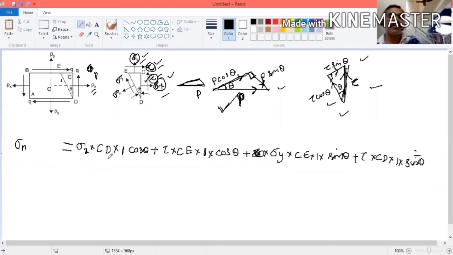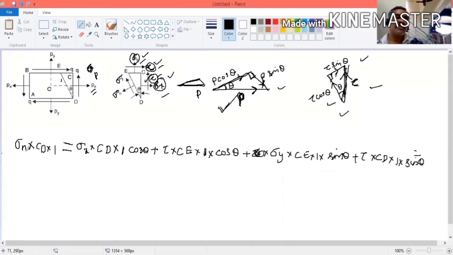Now this is a force, because we converted stress into area, so force. So sigma n also you have to convert into force. Sigma n into area. It is acting on CD. What is the perpendicular distance? 1. So in all the equations the perpendicular distance is taken as 1, so you can cancel it.